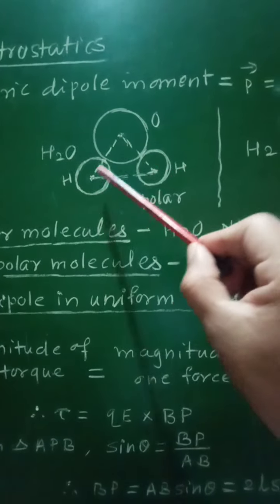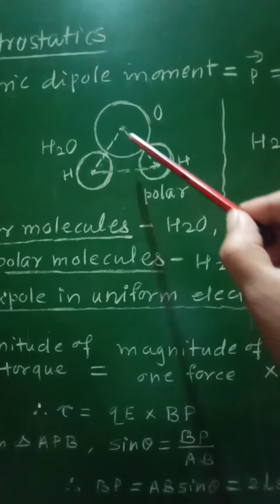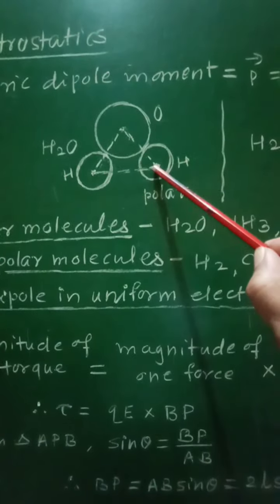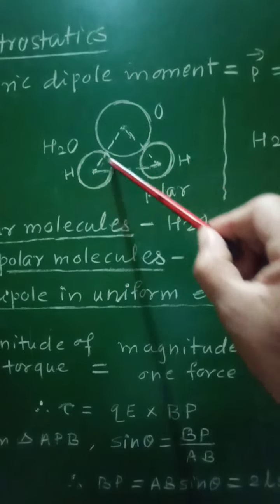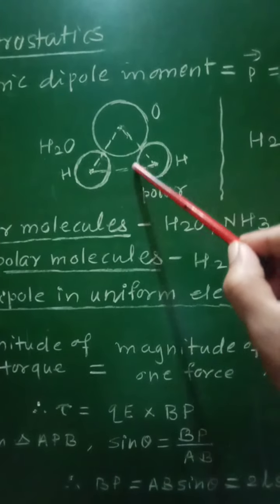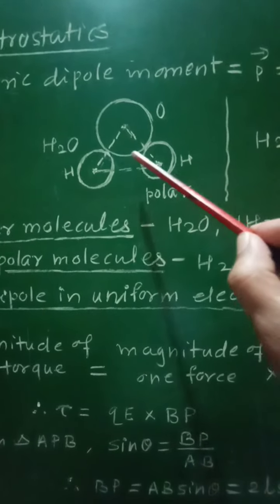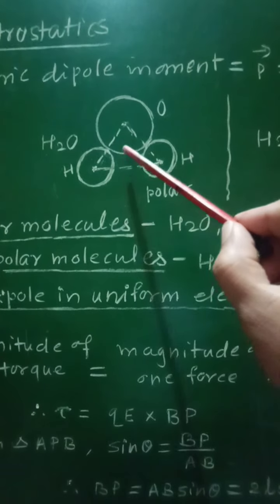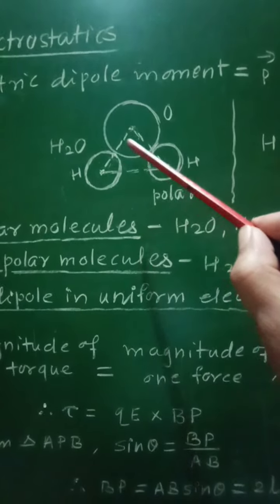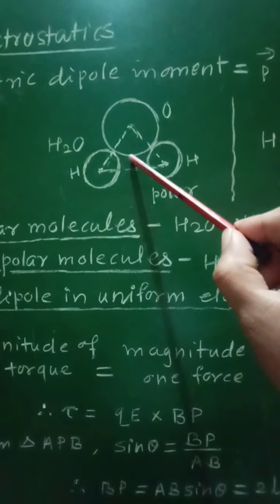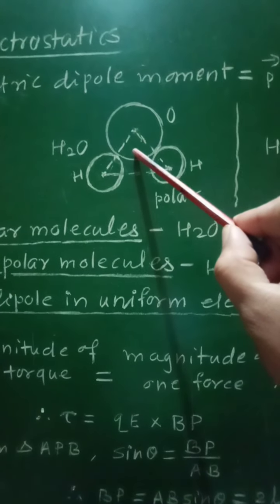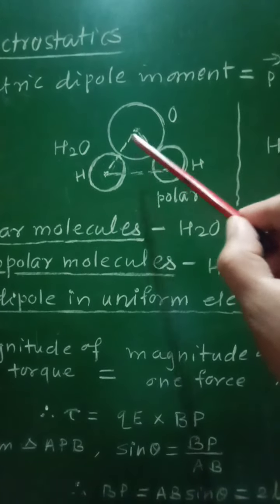So in this case, the center of positive charge of all these 3 atoms and the center of negative charge of all these 3 atoms will not be lying at the same point. The center of positive charge will be directed towards this oxygen atom at any point.